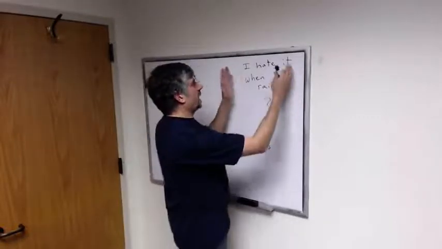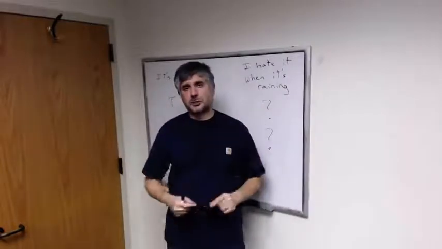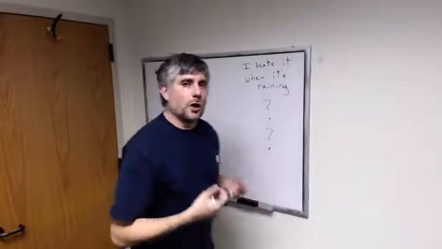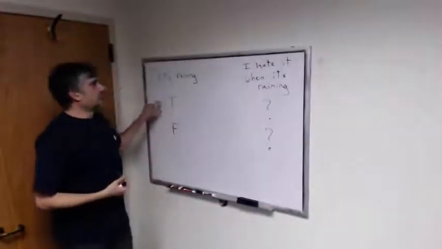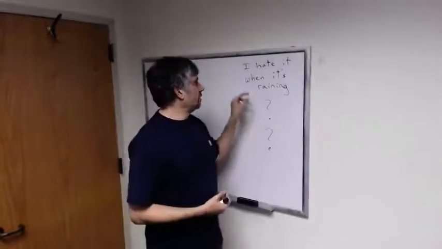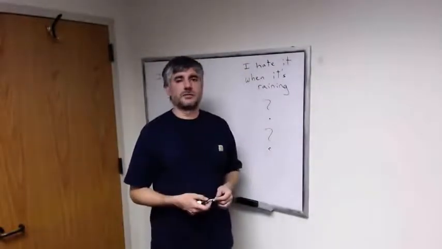So the proposition, I hate it when it's raining, whether that proposition is true or false doesn't just depend on the truth or the falsehood of the proposition, it's raining, that you built this proposition out of using the propositional connective, I hate it when.